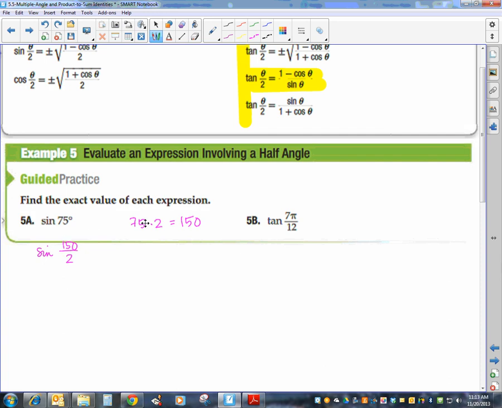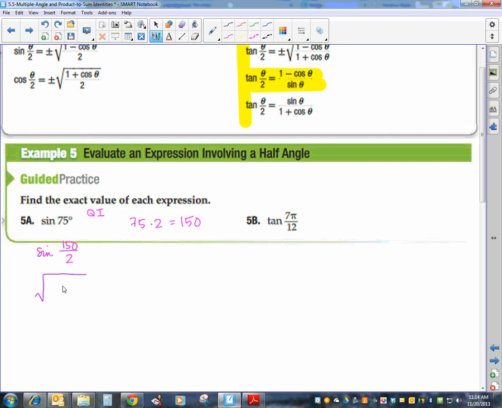Now, 150 over 2, my sine formula is plus or minus the square root. Okay, what angle am I working on, y'all? 75 degrees. What quadrant is that? That's in quadrant 1. So is my sign going to be positive or negative? Hopefully you said positive. So that's what determines which one of those you choose.